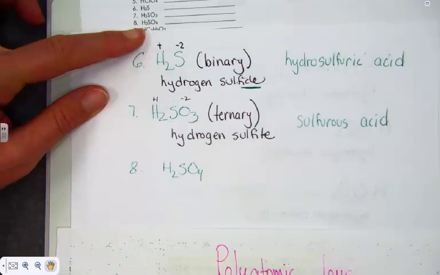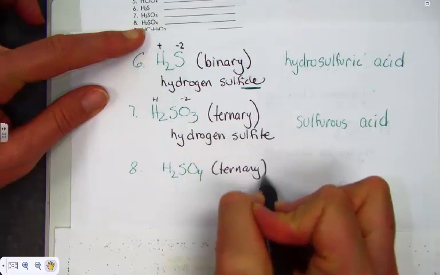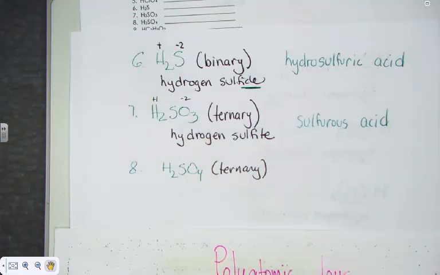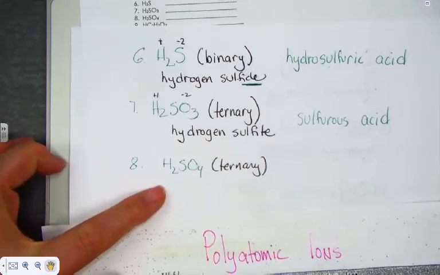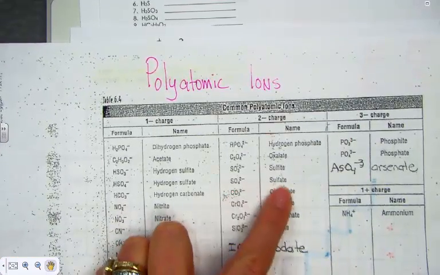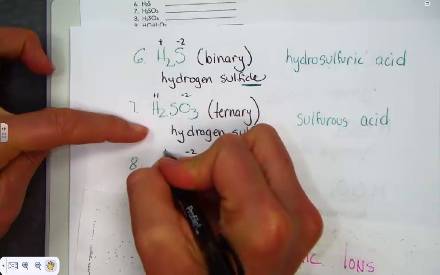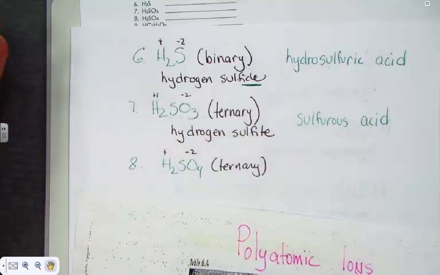H2SO4. This also is a ternary acid, making me know that it has a polyatomic ion involved. Ternary compounds are built of polyatomic ions. SO4 -2, we see that as called sulfate. Sulfate. Thinking about the -2 allows me to see why I have a 2 after the hydrogen.